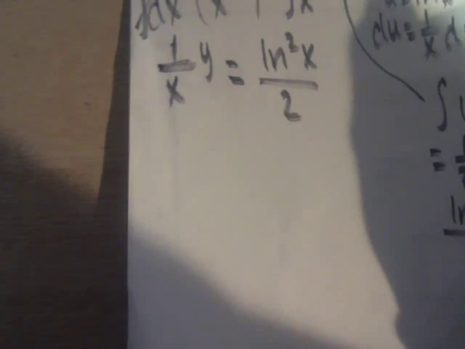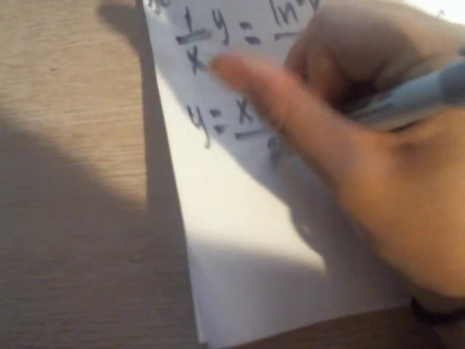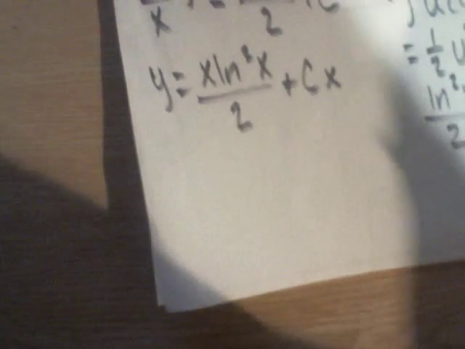Now that we have that, there is a plus c on this. Now we're going to be solving for just the y right here. So we're going to multiply both sides by x. We're going to end up with y equals x ln squared of x over 2 plus c times x.